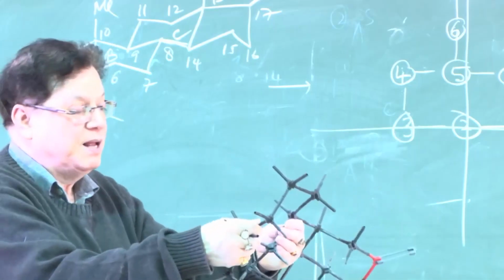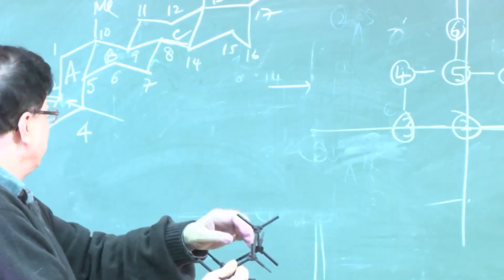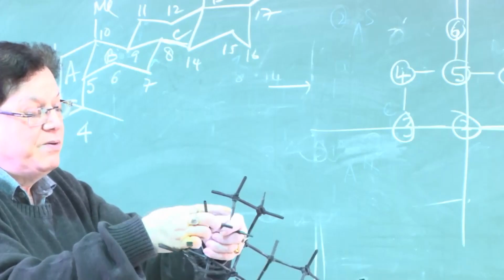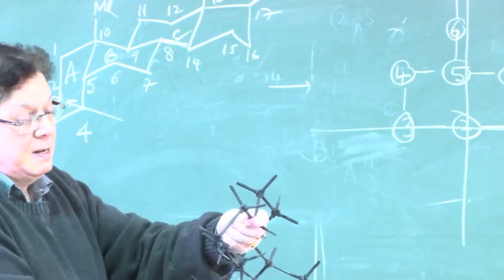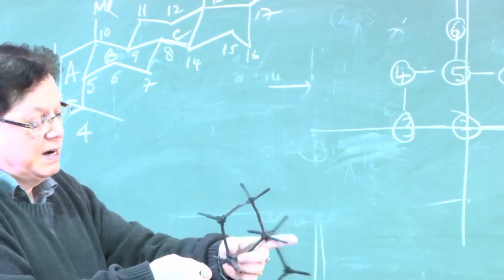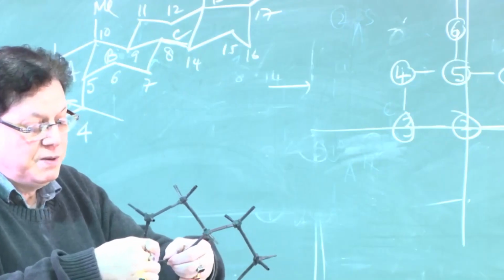This is perhydrophenanthrene, and then 1, 2, 3. There are 2 groups, and then you have to make the 5-membered ring. This 5-membered ring is 1, 2, 3. I have to remove 1 carbon and then show it.